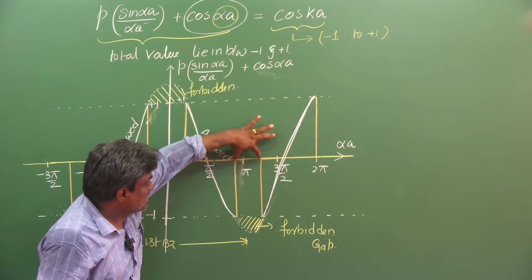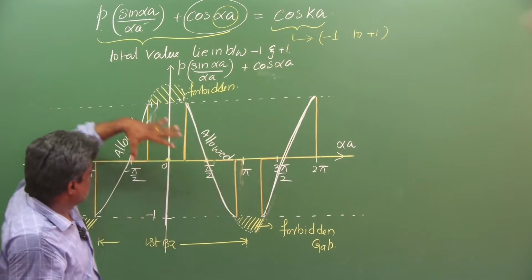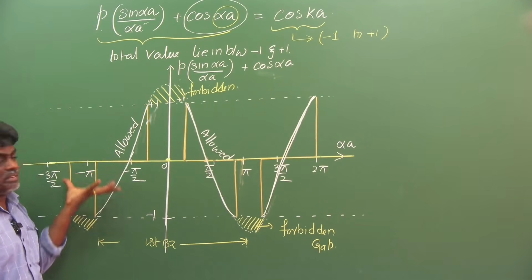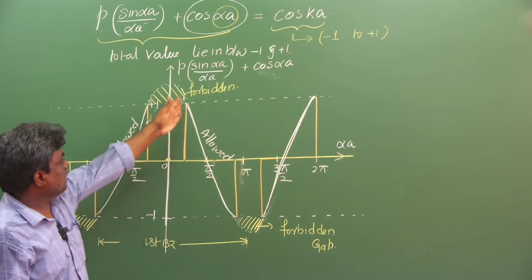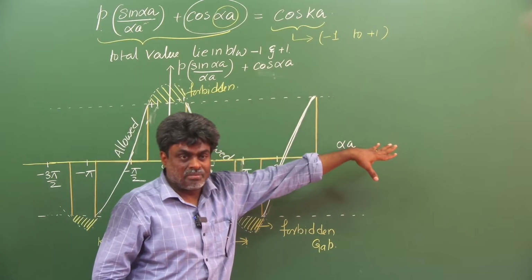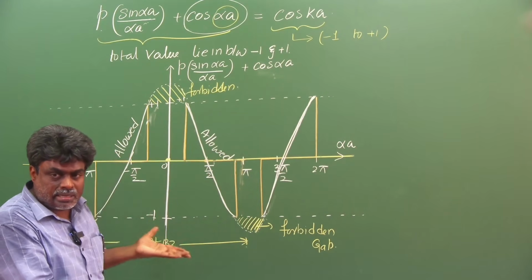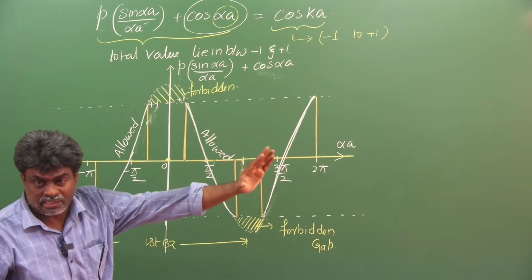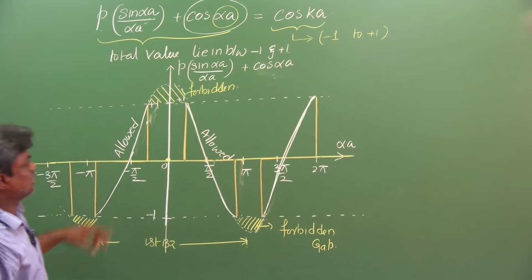That is why this region is forbidden. Similarly, this region is forbidden. Like that we get allowed energy, forbidden, allowed energy, forbidden. But here we are not clearly understanding how that structure will be. That is why again we will take this and represent it in the reciprocal lattice. First write down.